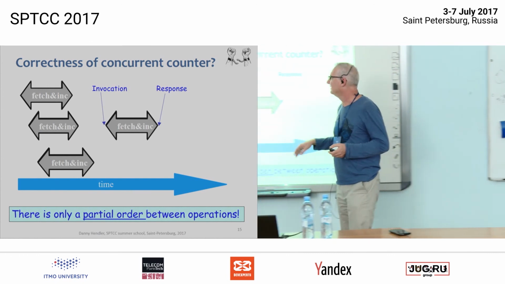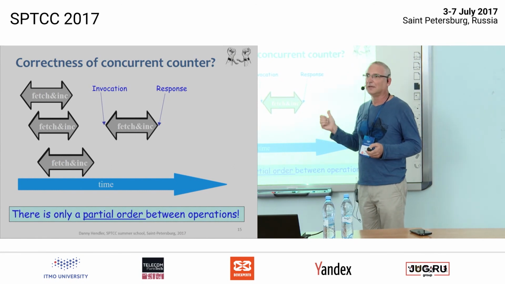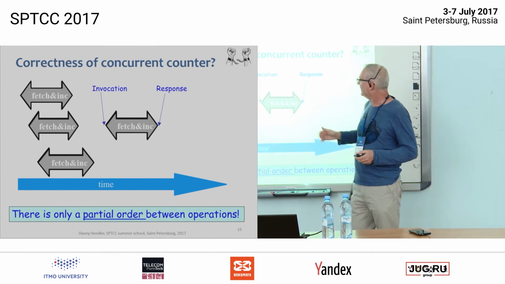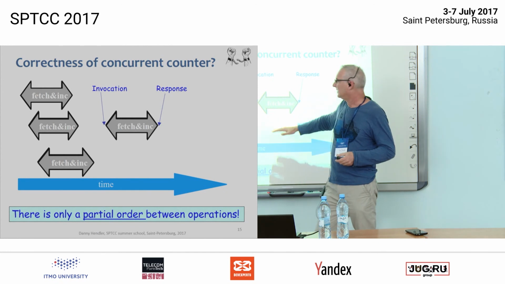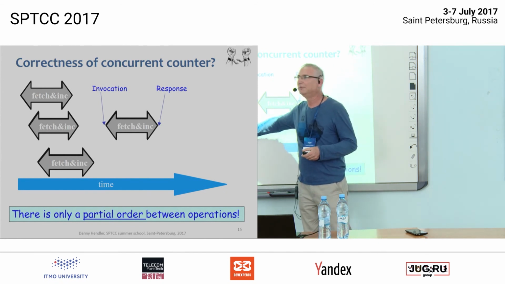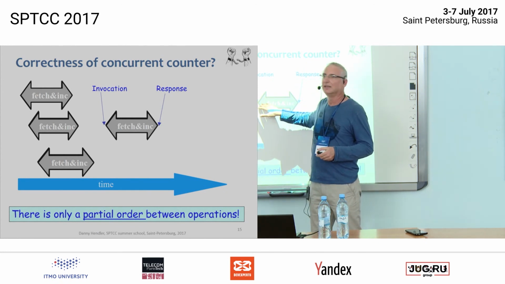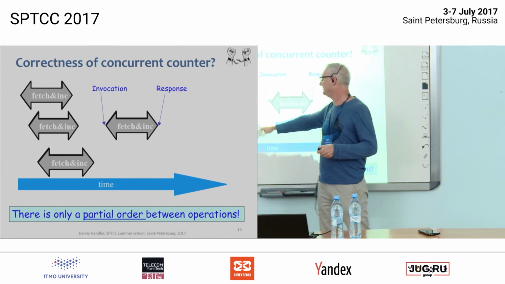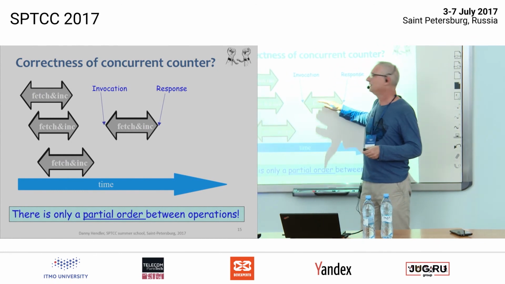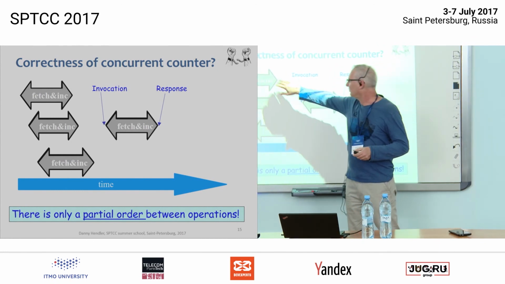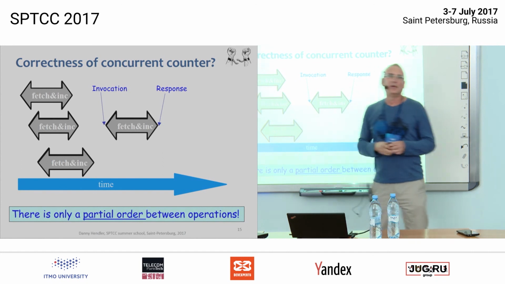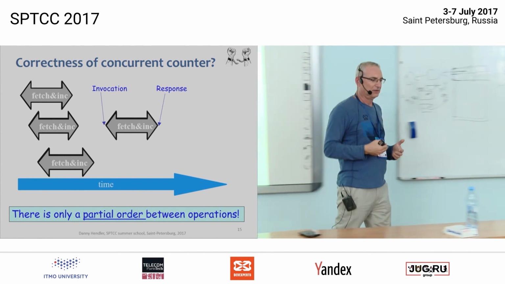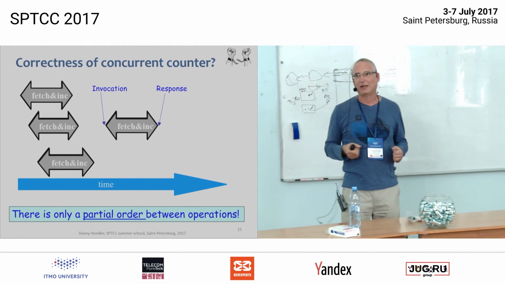Now, as we can see, or maybe let's say this explicitly, if we have two operations such that one ends before the other starts, then we say that this operation precedes that operation. But we also have operations in general whose execution intervals overlap.